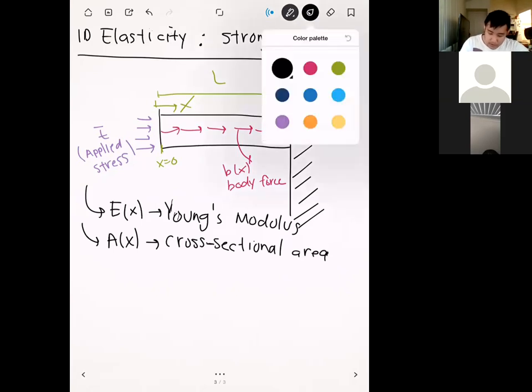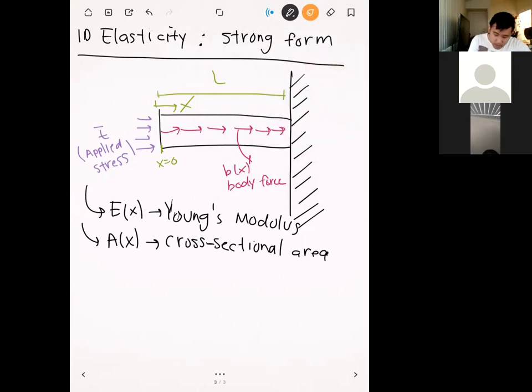What we're interested in solving for in this problem, very similar to what we did in the first part, is the displacements of this truss bar. But we're not just interested in solving for the displacements at discrete nodes. What we want is what's called a spatial distribution of displacement along the truss.